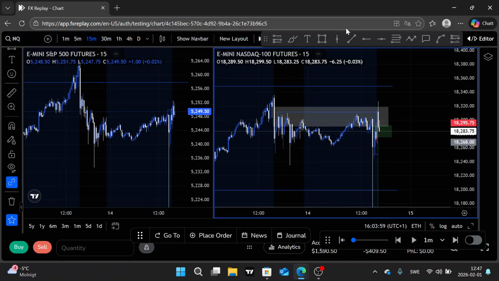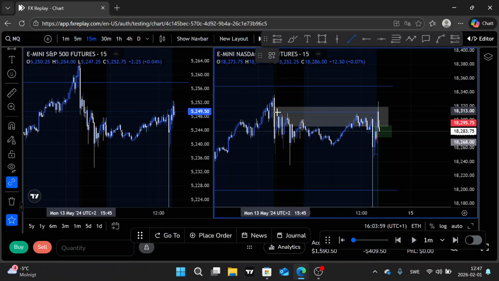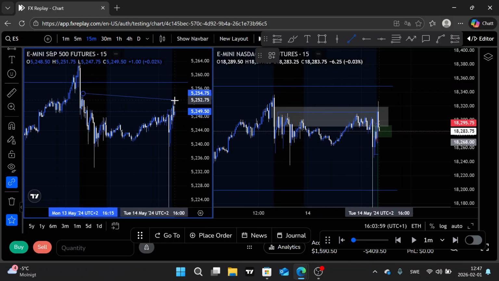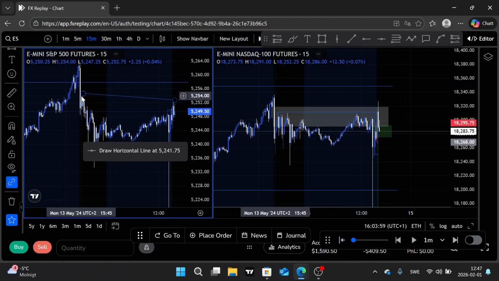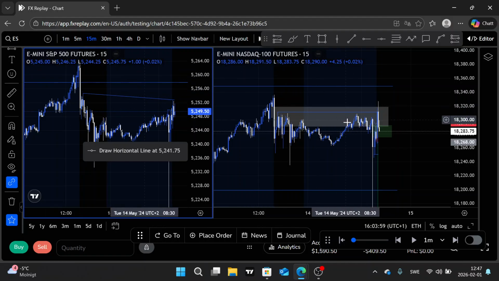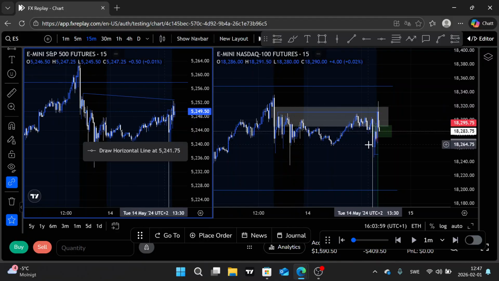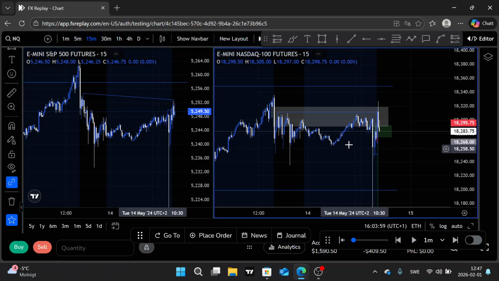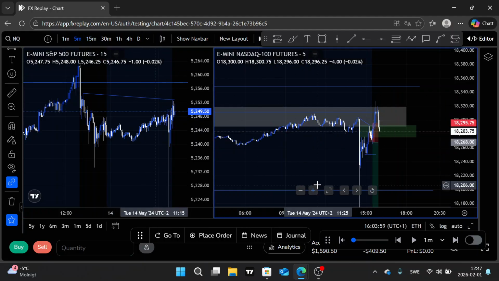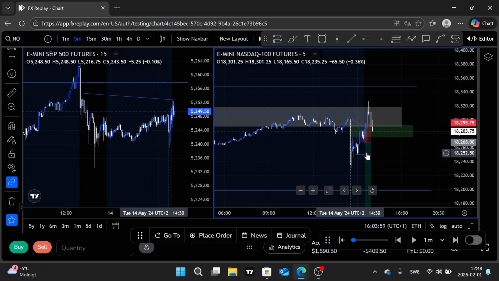Okay, and now what do we have here? We have an SMT here. We didn't take these highs, these internal highs on ES. So we turtle soup it, we go back lower. So that would have been the case.